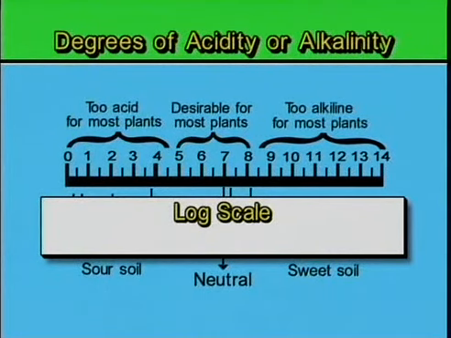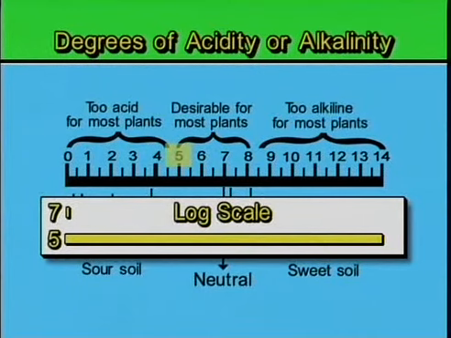What this means is that if I have a soil with a pH of 6, 1 unit below neutral on the scale, then a soil with a pH of 6 would be 10 times more acidic than a soil with a pH of 7. If I have a soil with a pH of 5, 2 units below neutral, a soil with a pH of 5 is not 10 plus 10 or 20, but rather it is 10 times 10 or 100 times more acidic than a soil with a pH of 7 or neutral.